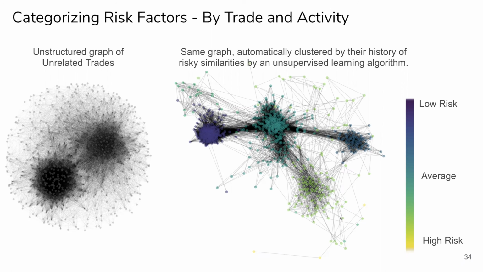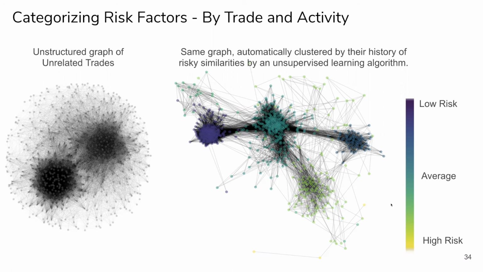But you can use these so-called unsupervised clustering algorithms to wind up with the setting you see on the right-hand side, which is a contextually clustered set of trades that we can then risk automatically by their relationships to each other, as you see there, and we're just coloring them by their predicted risk. Those are surfaced as flags in the UI, and that's what we were looking at earlier in Chris's slides.